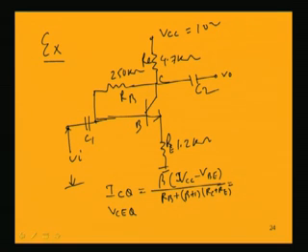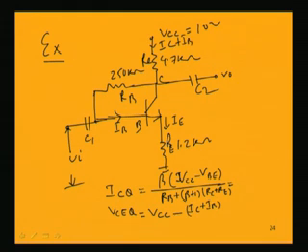Putting these values we will get the ICQ. Similarly, VCE can be found out by VCC minus, since IC plus IB is flowing in this loop, IC plus IB into 4.7 plus RE, which is 1.2.